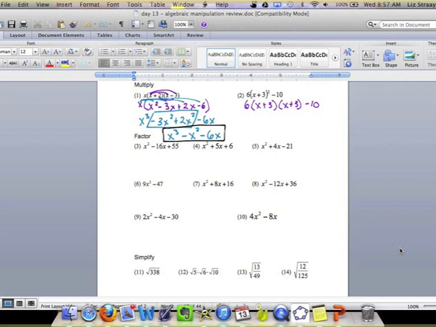Then I want to do this like the last problem. Work with the two groups first. Distributing out the x. The 6 just hangs out. x squared plus 3x. And distribute out the 3. 3x plus 9. And the minus 10 just tags along.